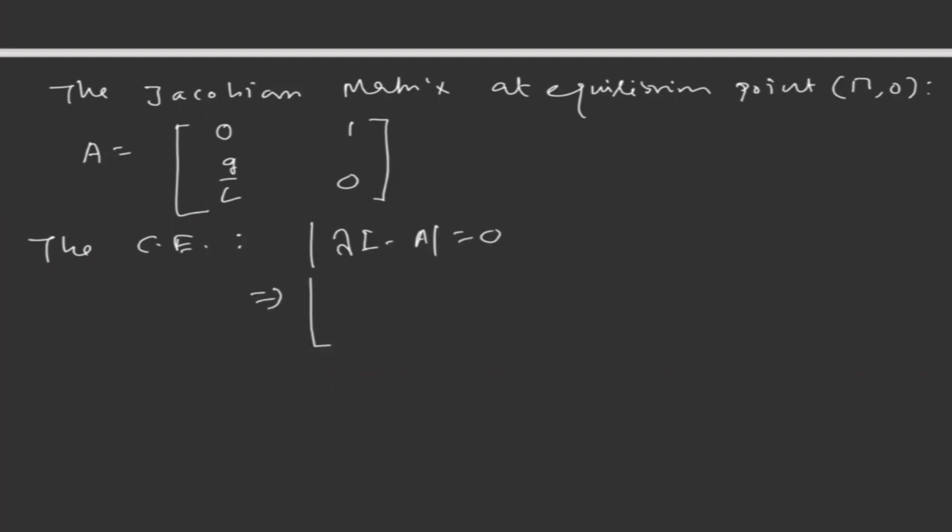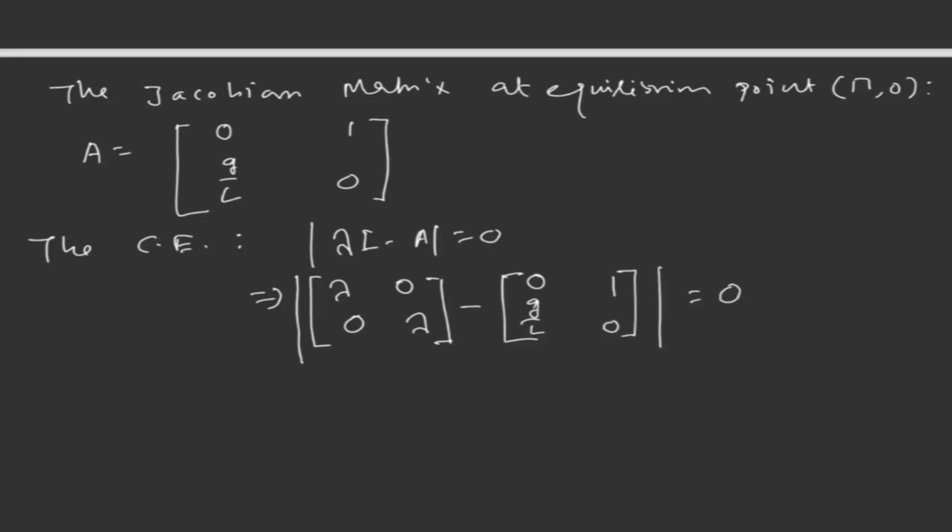If you substitute the matrix, [lambda, 0; 0, lambda] minus [0, 1; g by L, 0] equal to 0.